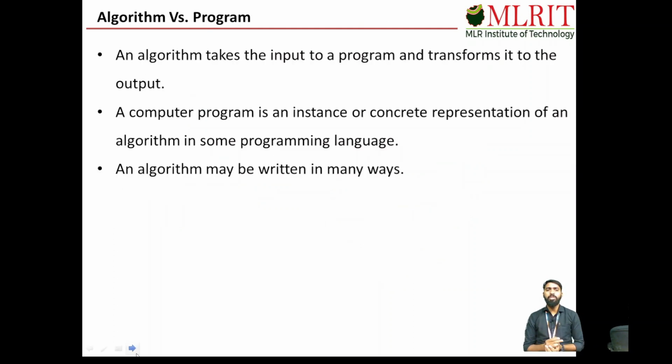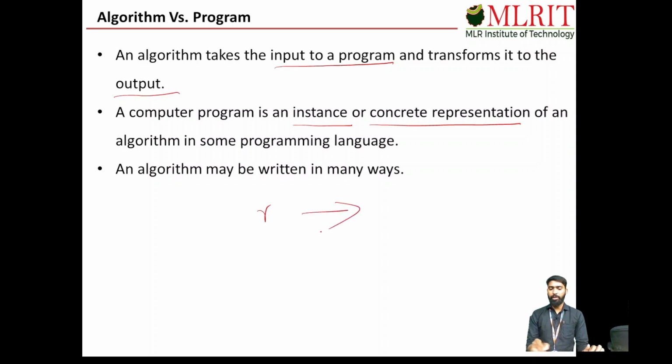Algorithm versus program. An algorithm takes the input to a program and transforms it to the output. A computer program is an instance or concrete representation of an algorithm in some programming language. In the previous slide, we discussed the area of a circle, and how we read the value r.